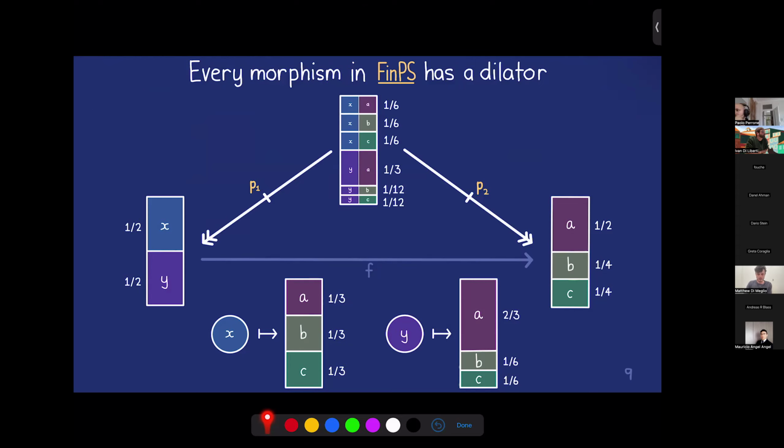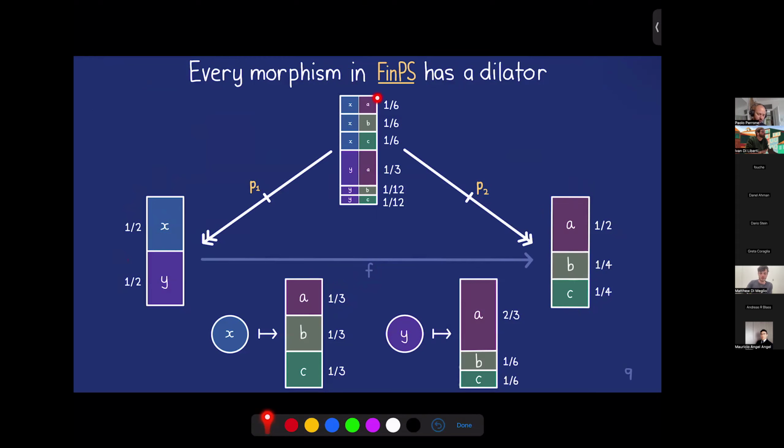And I guess it's the joint distribution. So what you do is you take pairs of elements from the domain and the codomain such that when you apply F to the element in the domain, the corresponding probability here is non-zero.